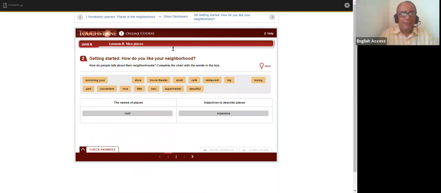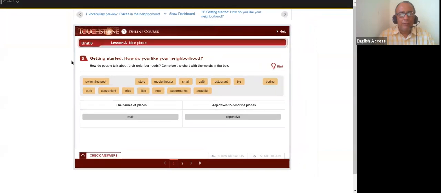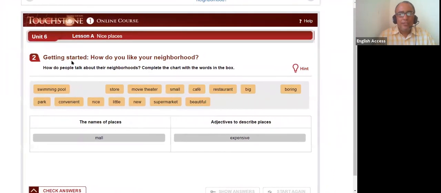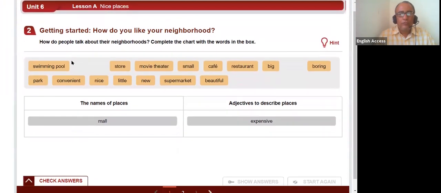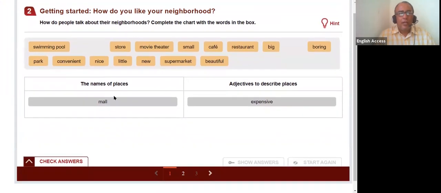Nice places. Places to go. Here it says, how do people talk about their neighborhoods? Complete the chart with words from the box. It says the name of places.